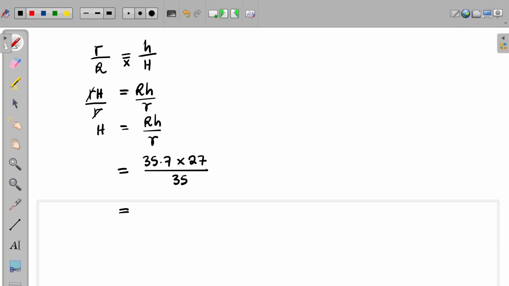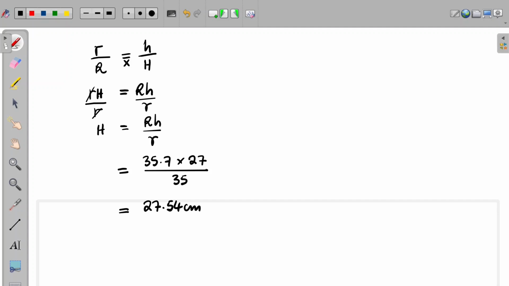So I'll just use my calculator where I'll say 35.7 times 27 equals, then that answer divided by 35, I'm getting 27.54 centimeters.